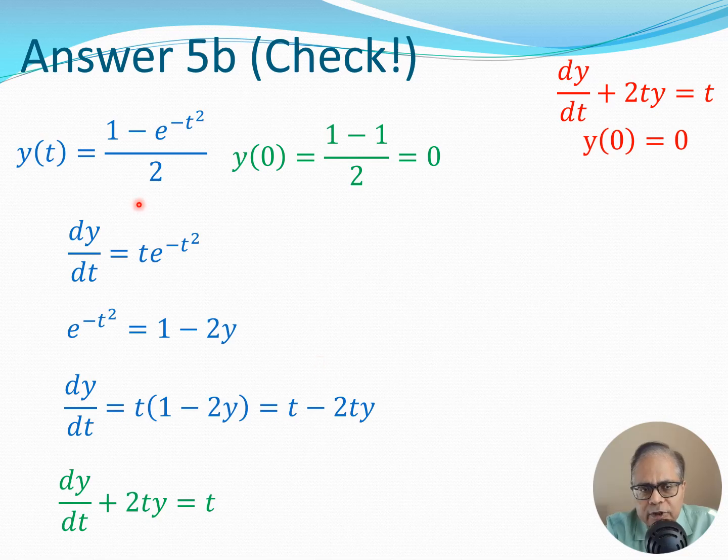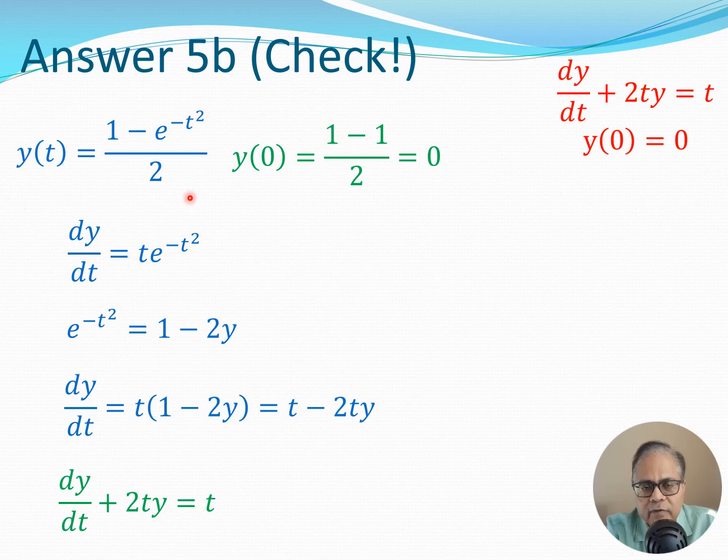Now what I do, I want to check this. So I take this equation here, the solution. I put y0. I immediately get 0 here, because if t is 0, then this becomes 1 minus 1. Remember, e to the power 0 is 1. So I get y0 is 0. Also, I can differentiate this particular function. I get this here. And then I can immediately see that e to the power minus t square is 1 minus 2y.